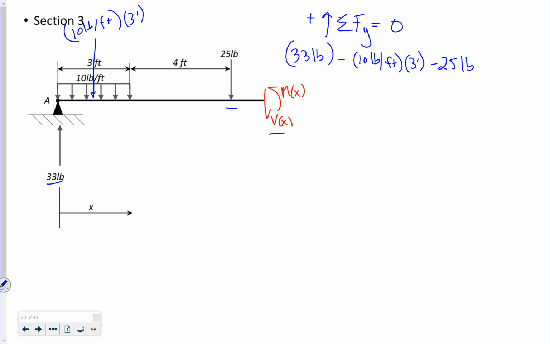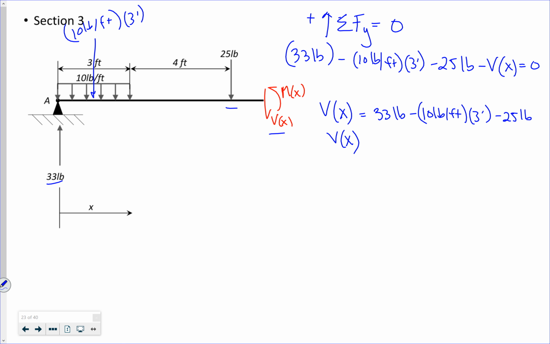And then my shear. So if I solve for that, I get 33 pounds minus 10 pounds per foot times 3 feet minus 25 pounds, which should give me minus 22 pounds.